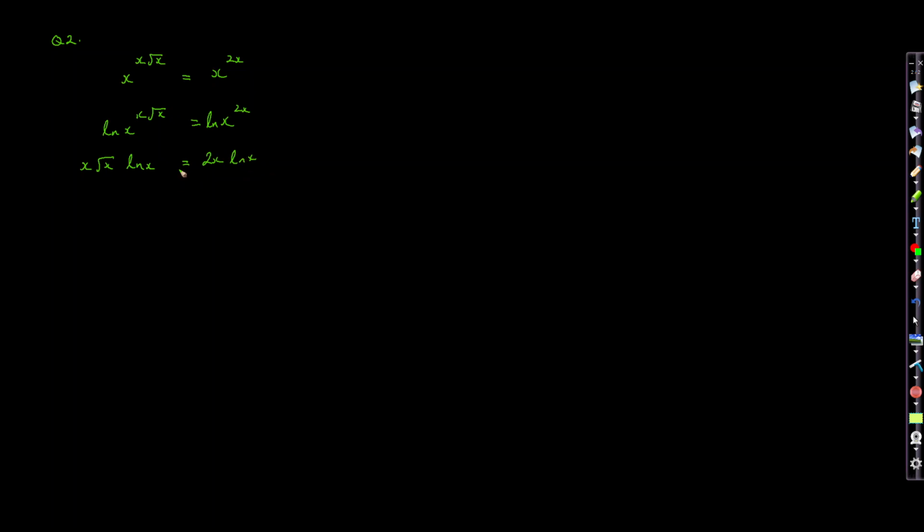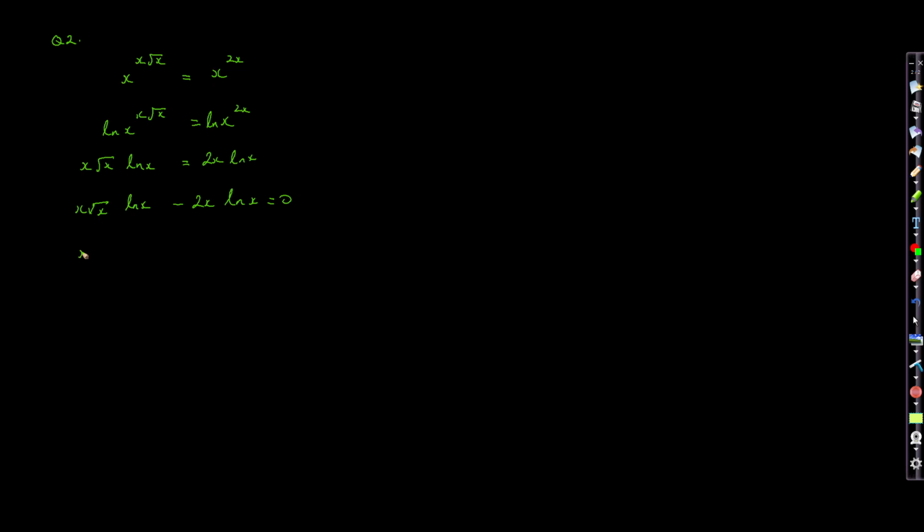Okay, what I then did was write that as a single power, but I'll leave it like that for now. I'll bring this to the left, make it equal to 0. Then we can factorize out a few different factors.